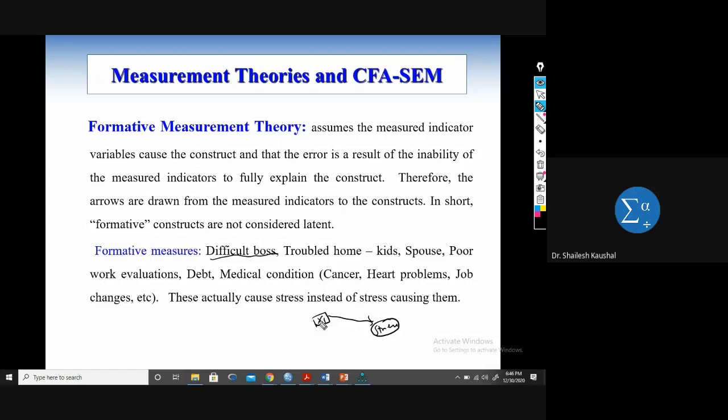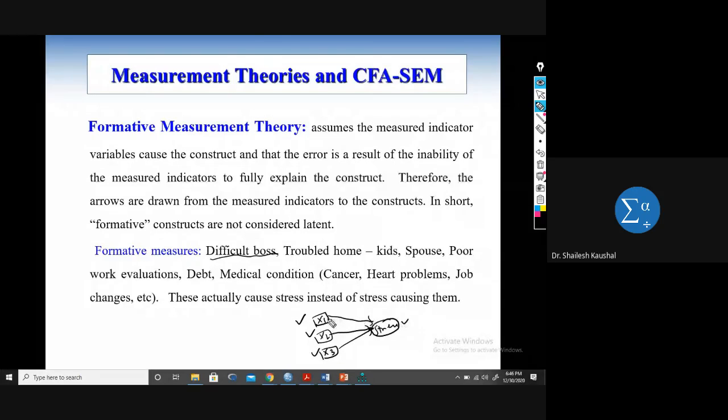A troubled home, your kid or your wife is not good, then you may be in stress. Poor work evaluation, or you have borrowed money from others, then you may be stressed, thinking how will I repay the money. So these are the factors influencing the stress.